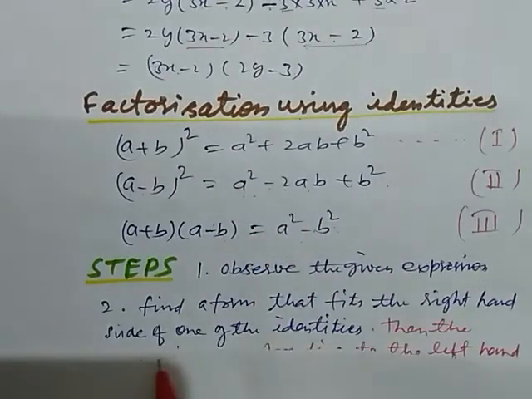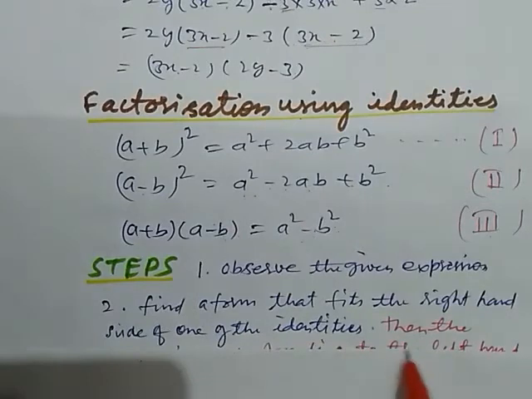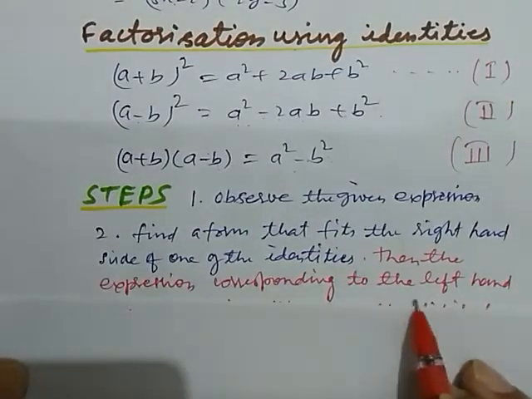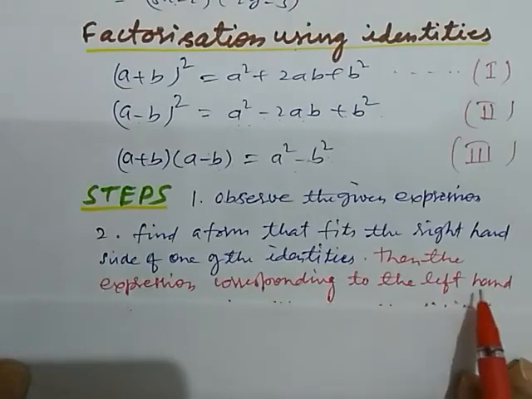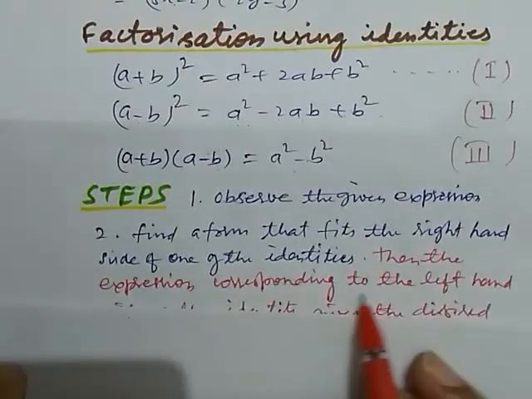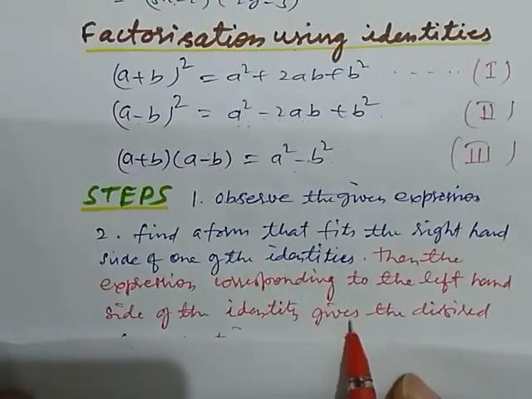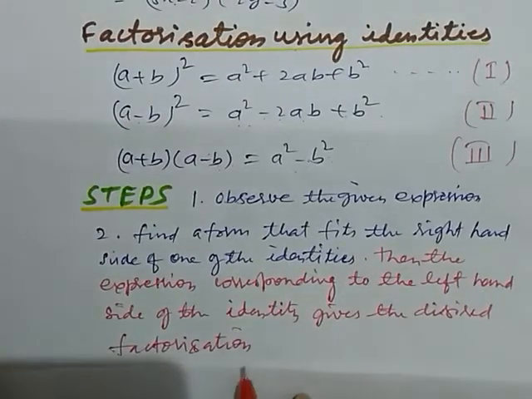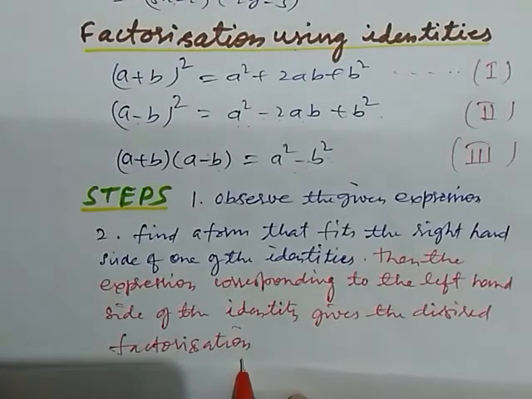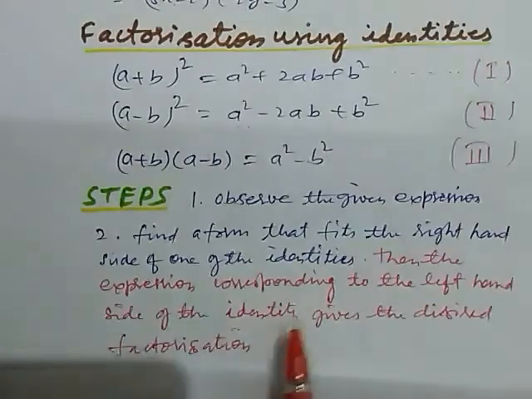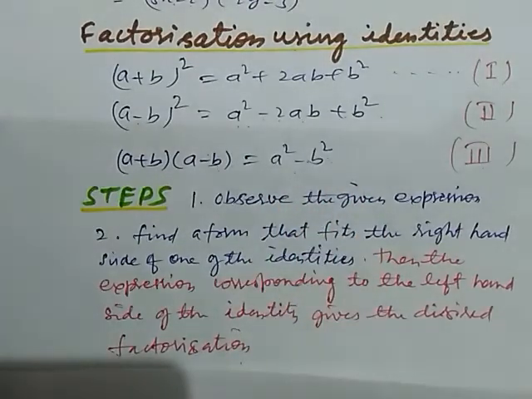Then we write down the expression corresponding to the left hand side of the identity, which gives the desired factorization. And in this way we get the desired factorization. These are the identities.